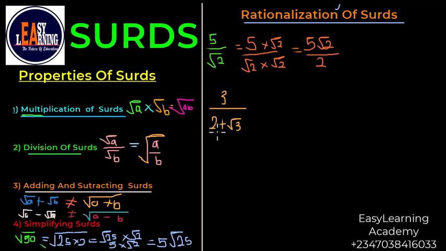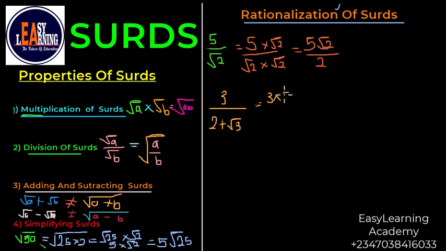Now if you observe this 2 plus root 3, they are together, so it will not be a correct thing for us to do as we did the previous one by saying 3 times root 3.